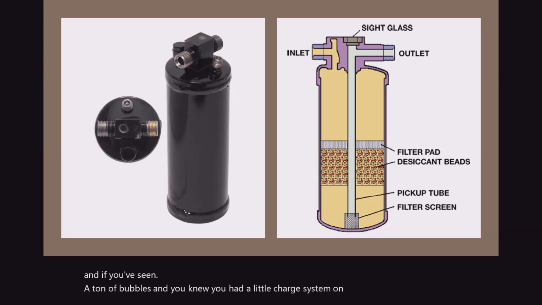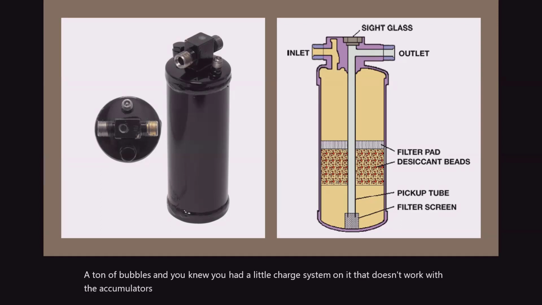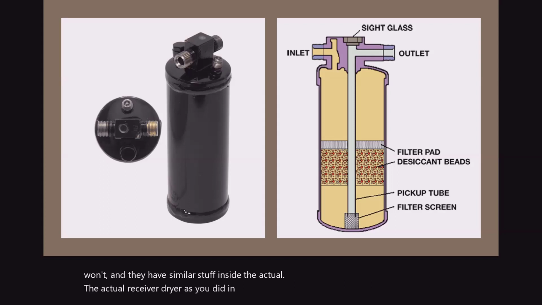That doesn't work with accumulators, but with receiver dryers, sometimes you'll have a sight glass, sometimes you won't, and they have similar stuff inside as the accumulator. You'll have a desiccant again.